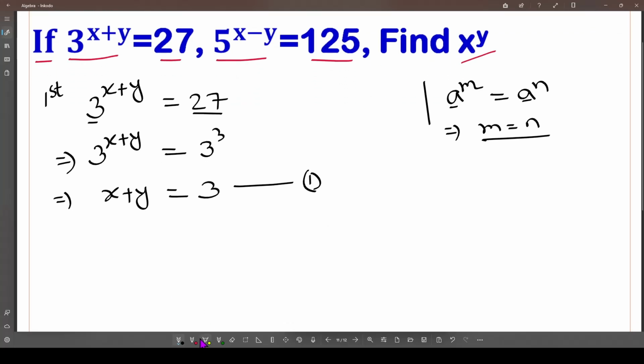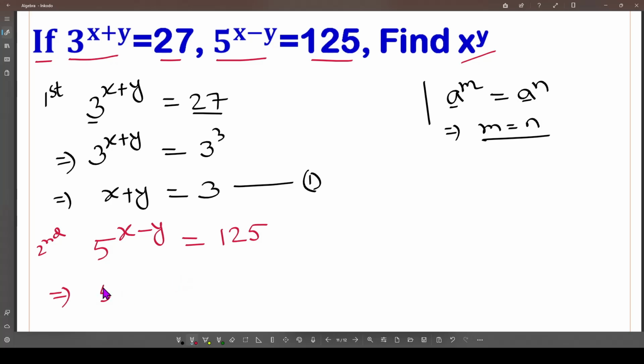Similarly, second, actually this is a step. 5 to the power x minus y equals 125. So same, we want to make a similar base.